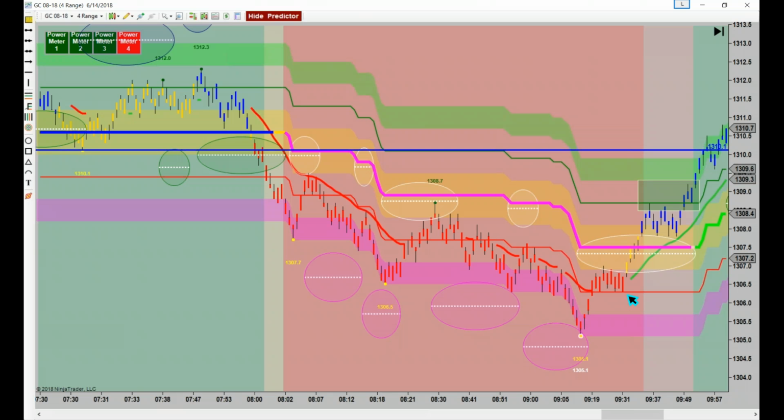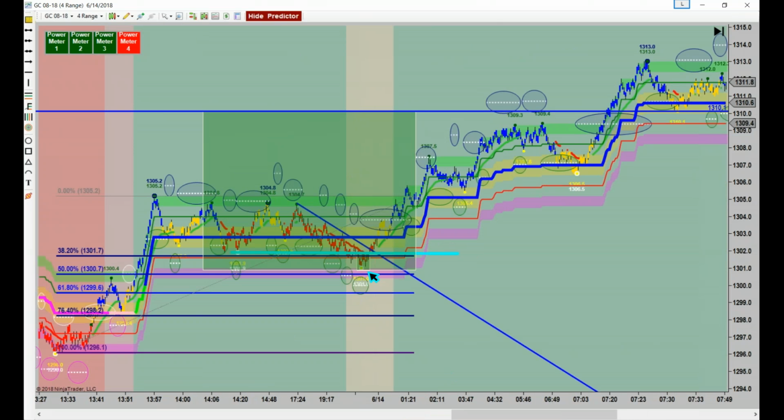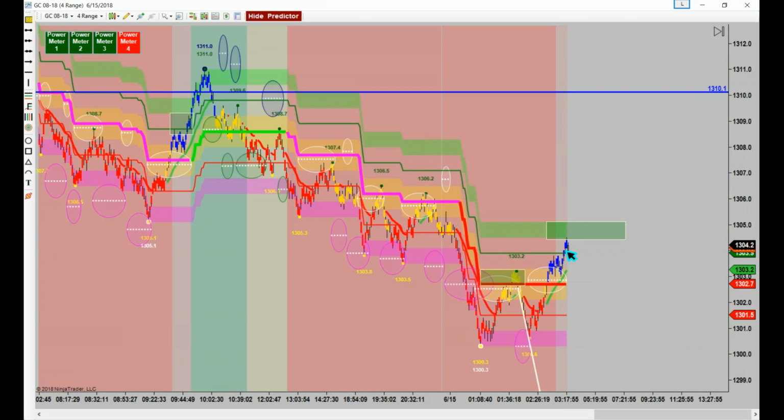And it works exactly the way we teach this. This is not anything after the fact. What I'm showing you is phantom trades that really happen in real time. Okay? This is what you're looking for.